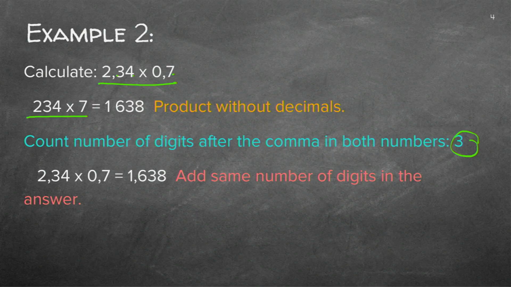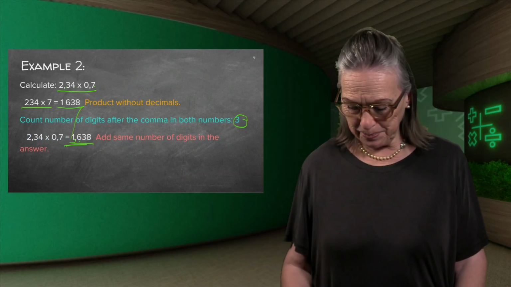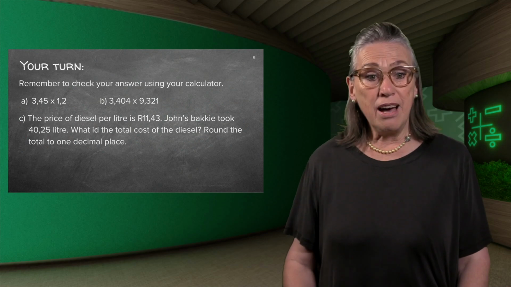So our answer of 2,34 times 0,7 is that number, and we put in 1, 2, 3, and there is our decimal. So the same number of digits, 1, 2, 3, and our answer is 1,638.